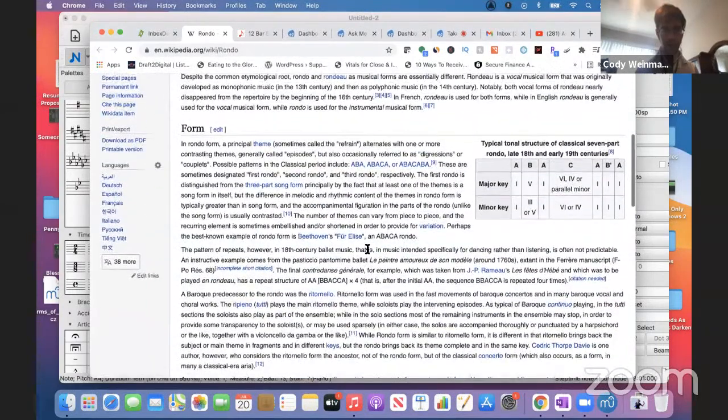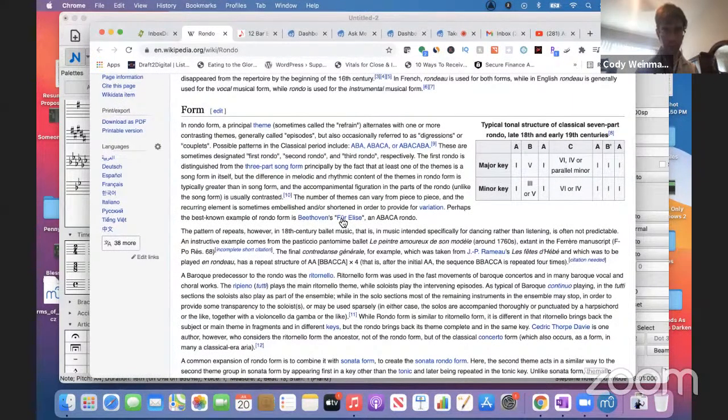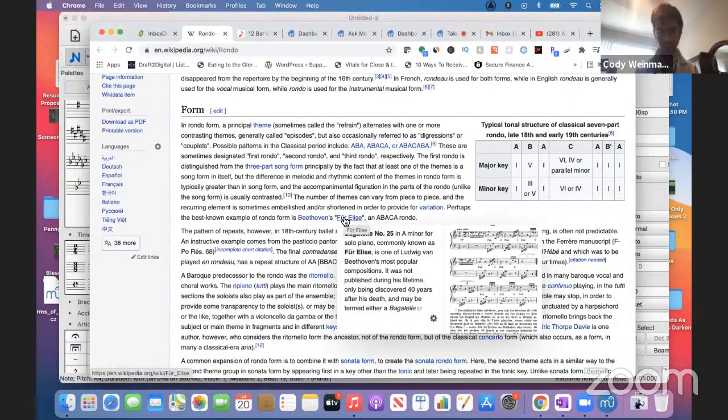Okay, so the refrain is like this: da da da da dee da da da da da da da da da da da, that one. But the couplet is more like ba da da dum ba da da dum ba da da dum ba da da dum ba da da dum.